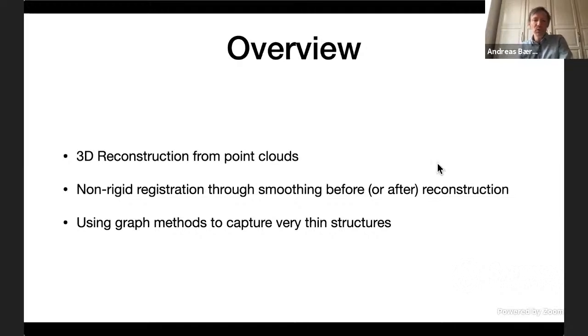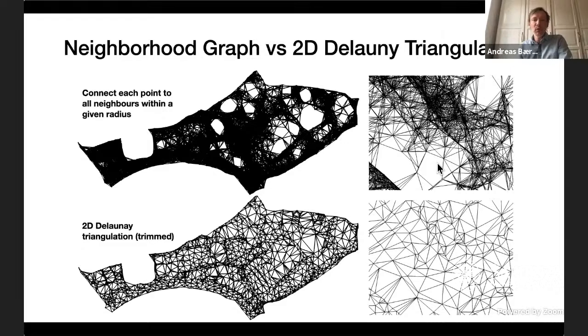Okay, so first of all, why is this not a trivial problem? Why can't we just create a 3D model very easily from a point cloud? Well, if the point cloud is really a height field, so you basically have 2D points with elevation, it is pretty straightforward.